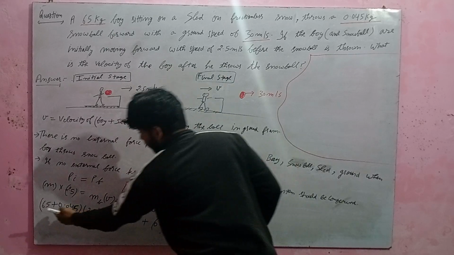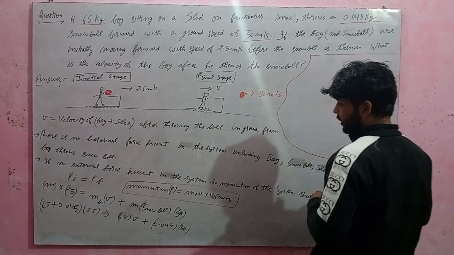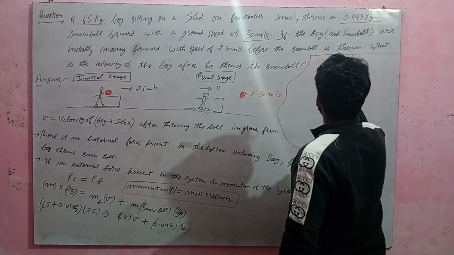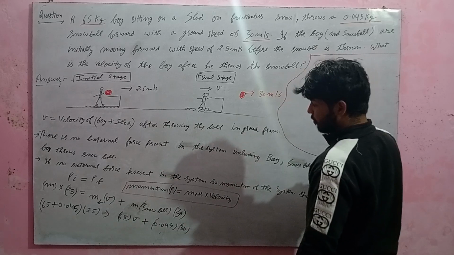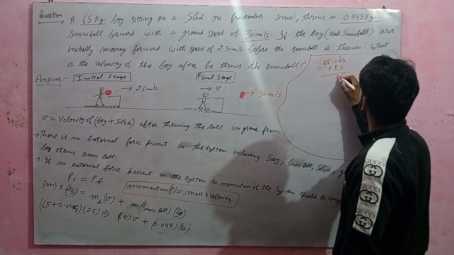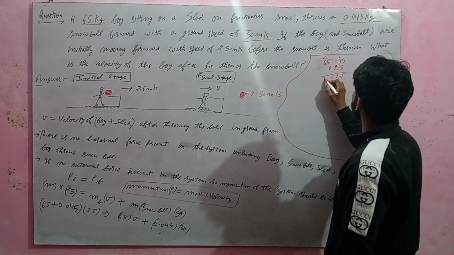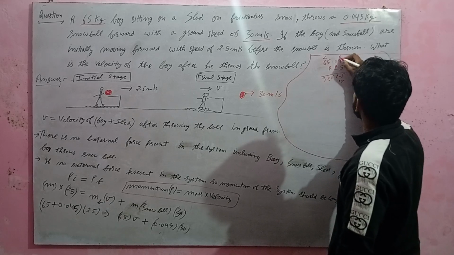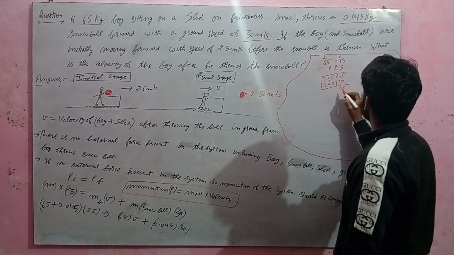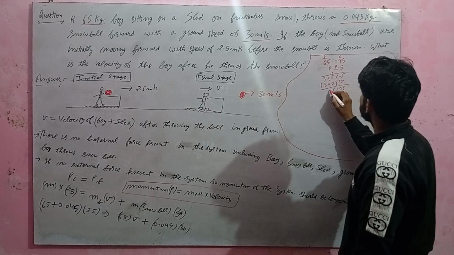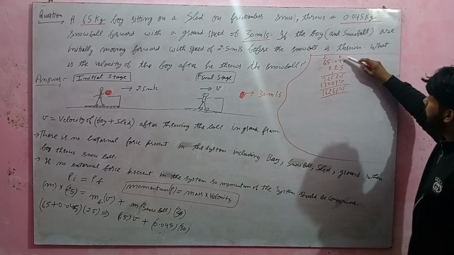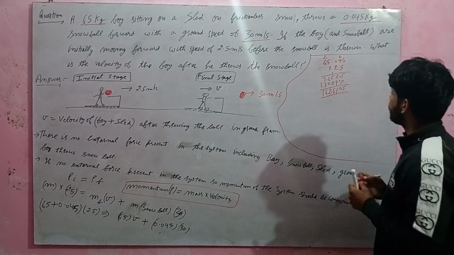Calculate these values: 65.045 multiplied by 2.5. Multiplying digit by digit, with four decimal places, the decimal comes after four digits.